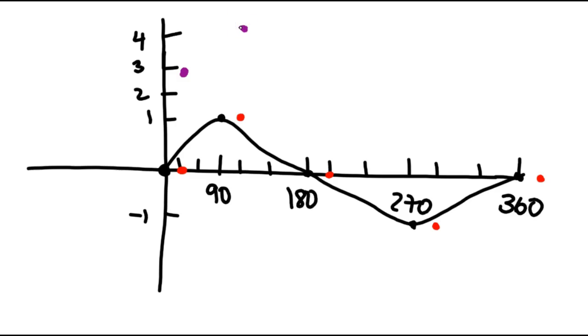This guy was here, so 3 up. This guy was 1 below, so he'll be at 2. And this guy, 3 up. So then when we draw it, it's ugly, but that's what it looks like. We shifted it over 30 and we moved it up 3.